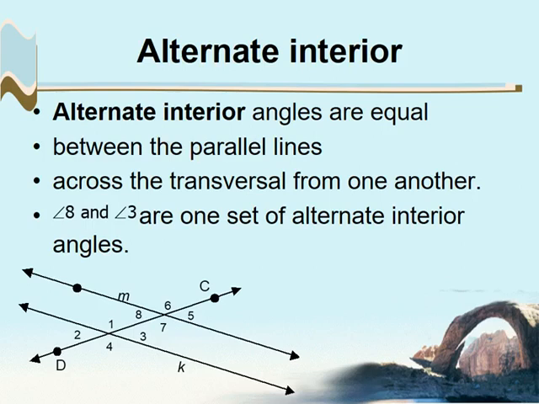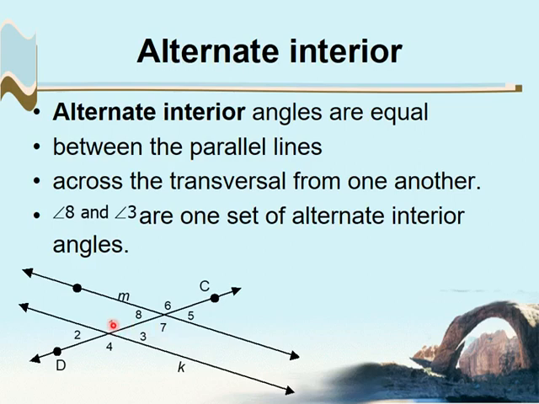Alternate interior. Alternate interior angles are equal between the parallel lines, across the transversal from one another. Angle 8 and angle 3 are one set of alternate angles. Angle 7 and angle 1 are also alternate angles.